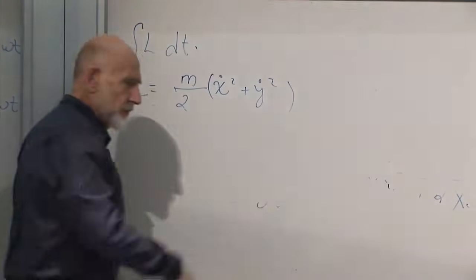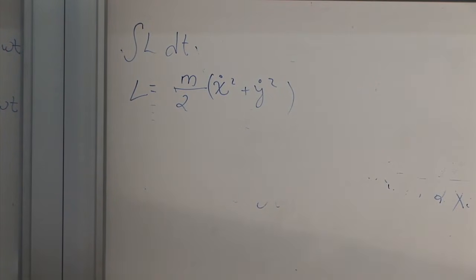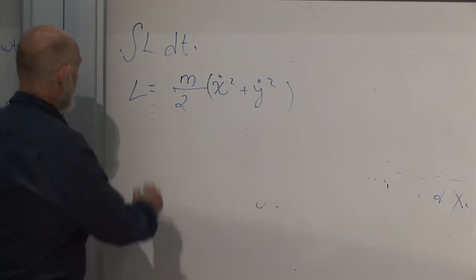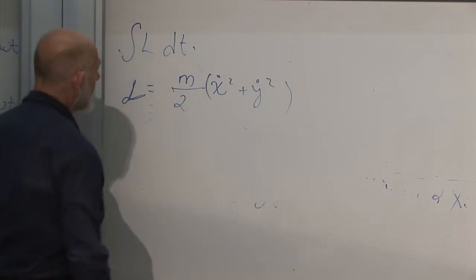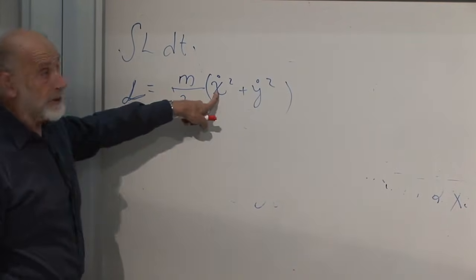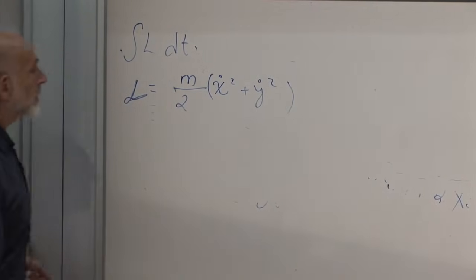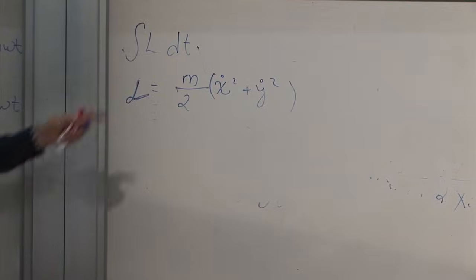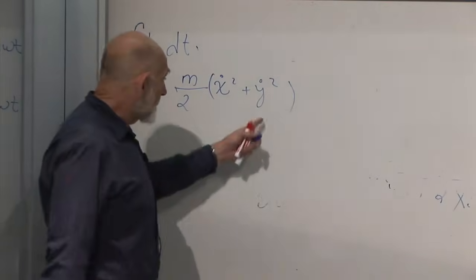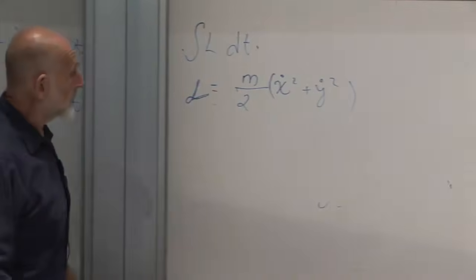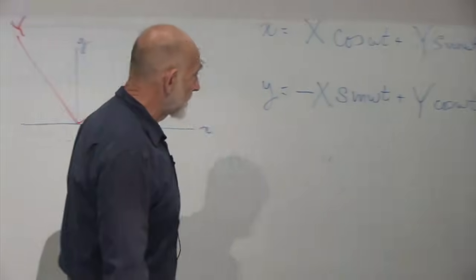No potential energy, the simplest thing with no potential energy at all. If we apply the Euler-Lagrange equations to this, we'll just get m x double dot is equal to 0 from the left-hand side. No potential energy, so there's no right-hand side at all. Same thing for y, and that just tells us that things move without acceleration.